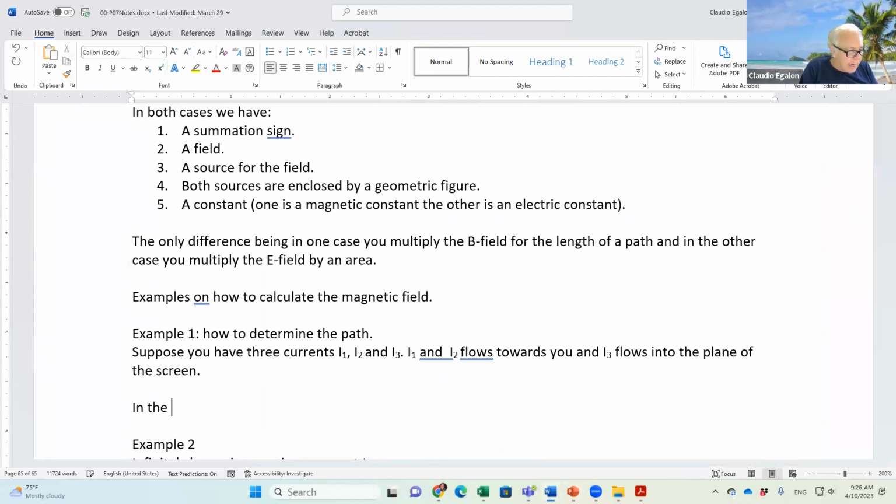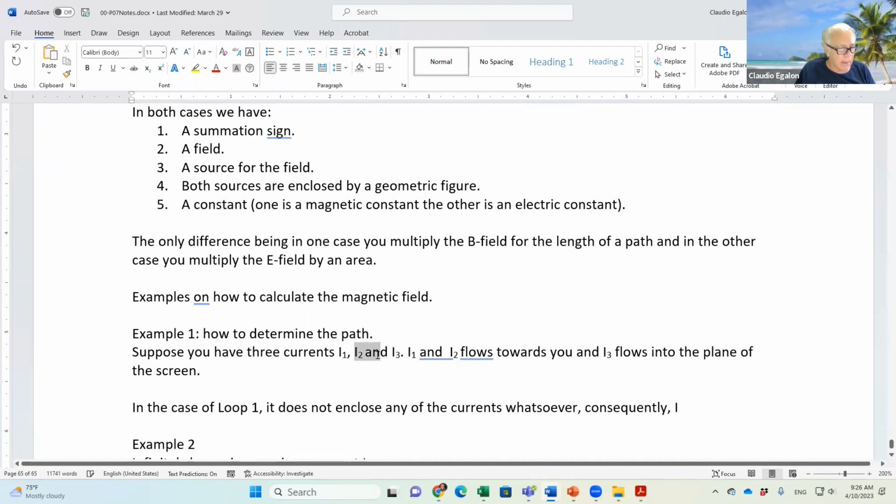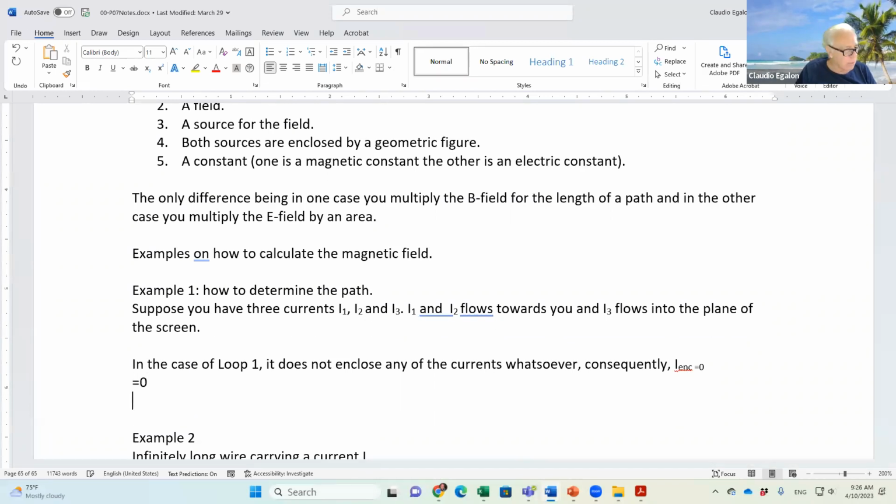So in the case of loop 1, it does not enclose any of the currents. Consequently, I enclosed is equal to 0.